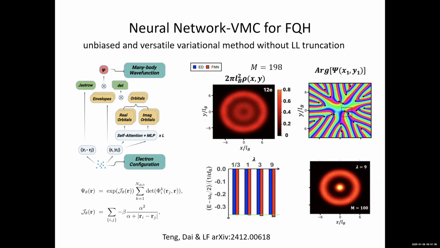So therefore, it can capture the system at strong Landau level mixing. And indeed, we find that as we increase the interaction strength, the neural network energy significantly outperforms the Landau level projected exact diagonalization. And we also see a transition from a fractional quantum Hall liquid into different states. This state has different total angular momentum, and this new state is consistent with the Wigner molecule.